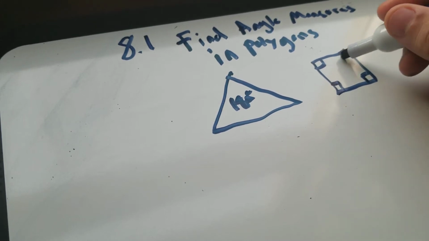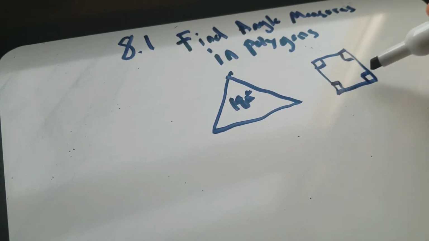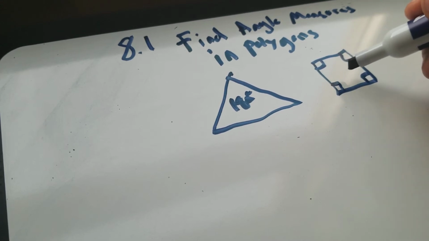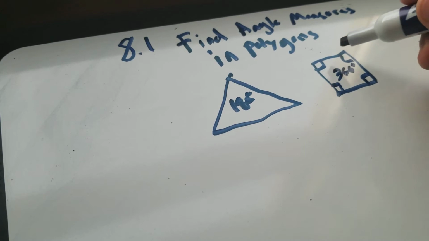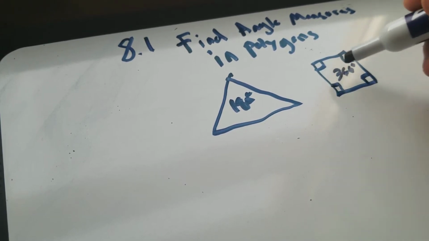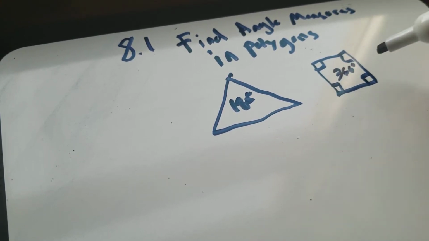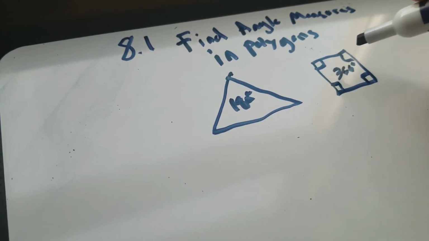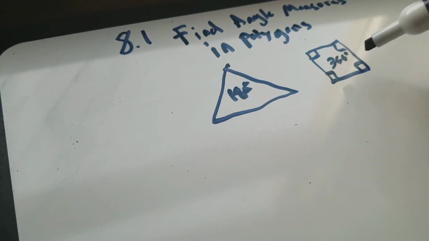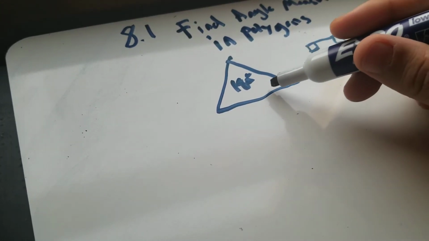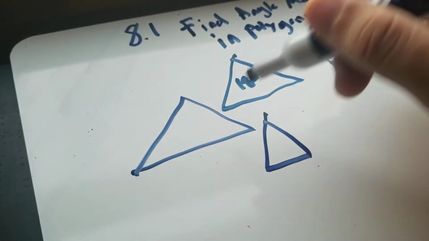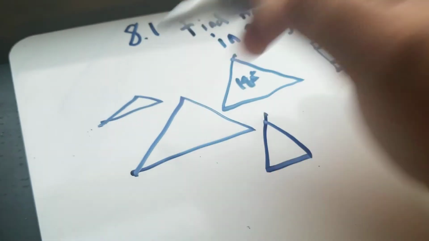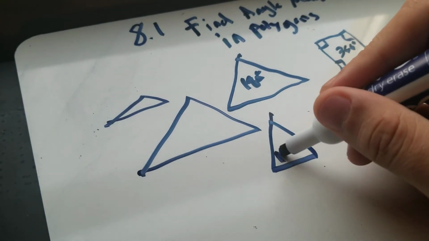If a square has 90 degrees all around, so 90, 90, 90, 90, then 90 times 4 is 360 degrees. That's going to end up being true for all four-sided shapes. Oh, and it has to be convex. So it's for all convex four-sided polygons. So the inside of any triangle, no matter how it looks, is going to be 180 every time.